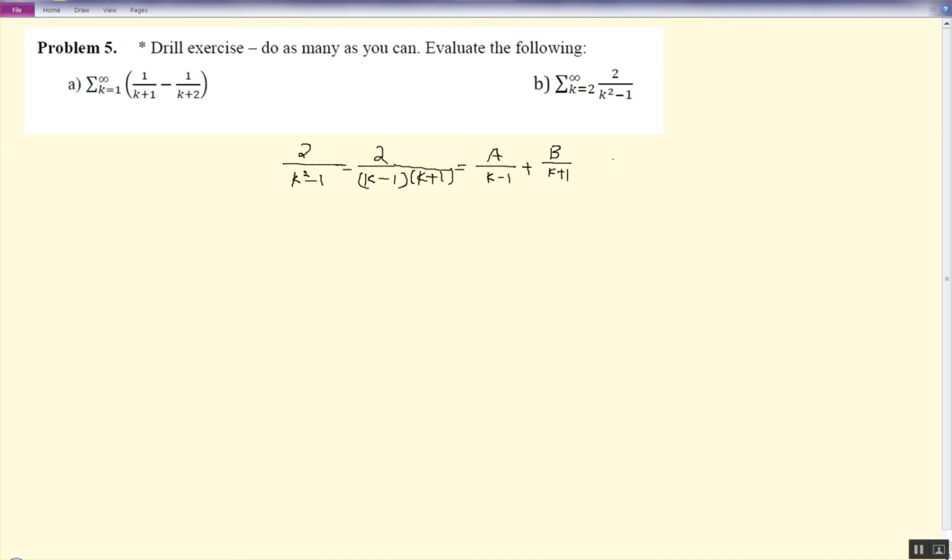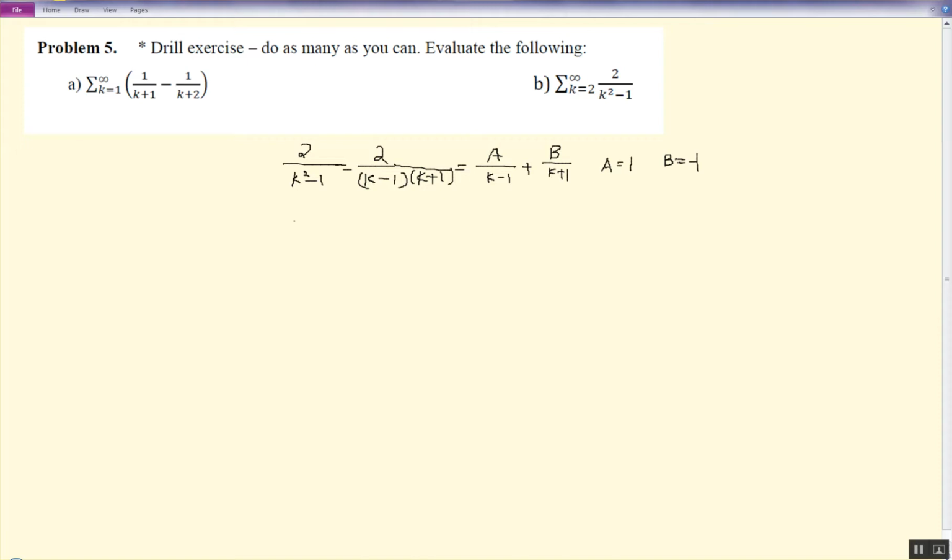I'll leave you to confirm my finding. So my a is 1, b is -1. I skip the detail here. You should ask if you need help with this part.